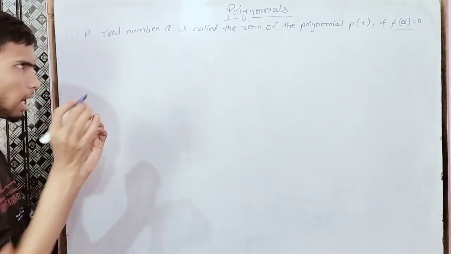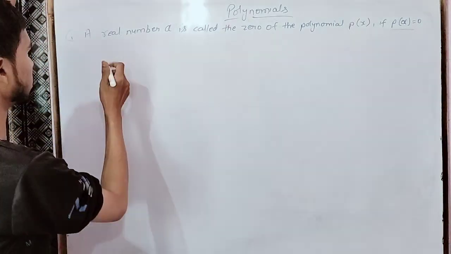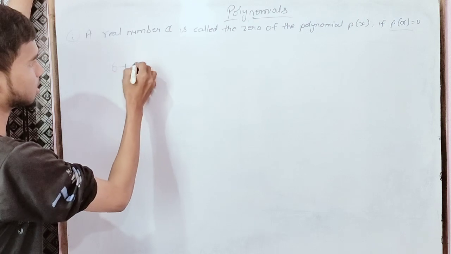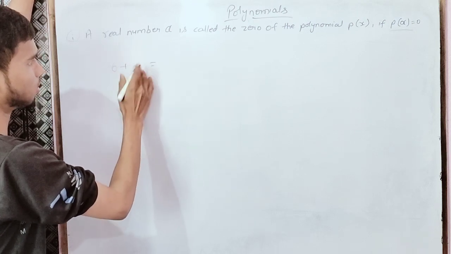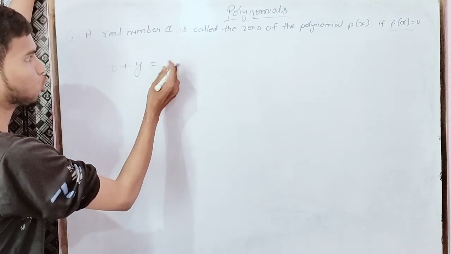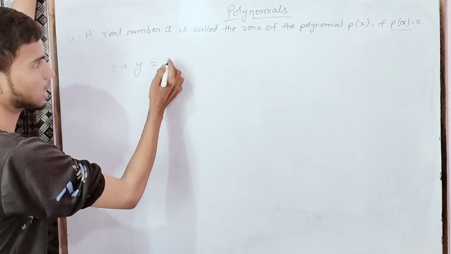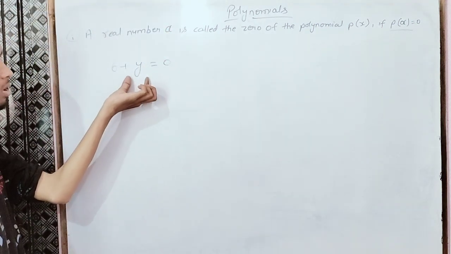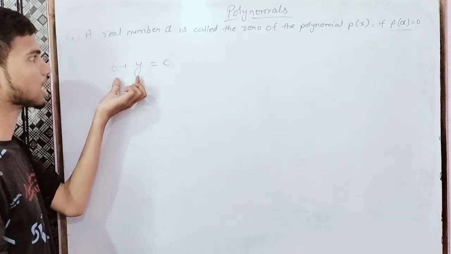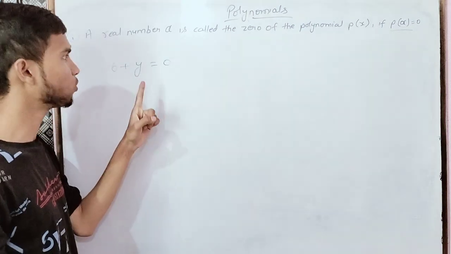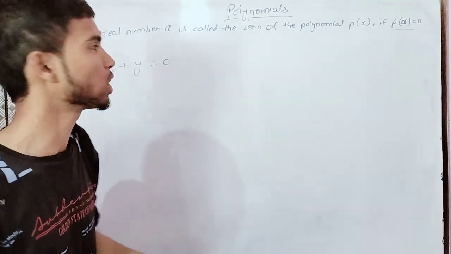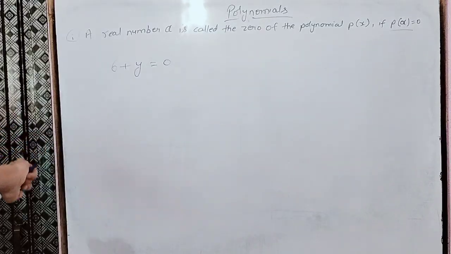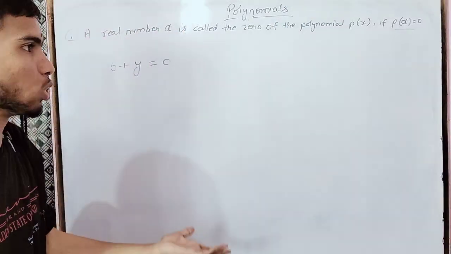For example, we can take a simple example: y plus 6. Here it should be 0. It is saying this should be 0. This is a polynomial, and it is saying you have to put the value of any number in place of the variable y, so that the polynomial should be 0 at the end.